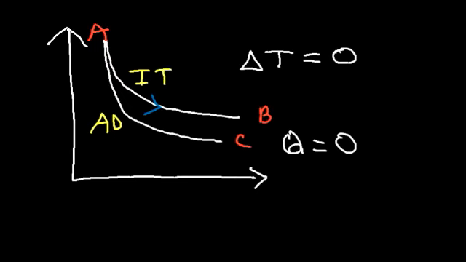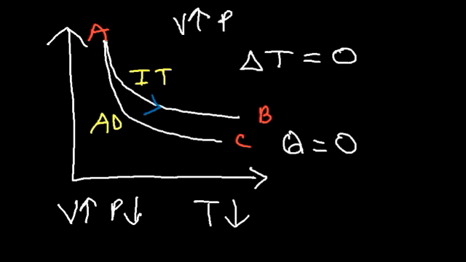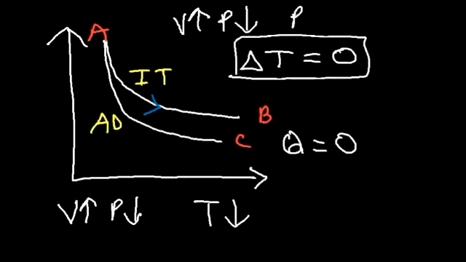So for adiabatic expansion, when the volume increases, the pressure decreases, but it happens in such a way that the temperature drops. For an isothermal graph, when the volume goes up, the pressure goes down. But because the temperature is constant, for an isothermal graph, you can use the equation P1V1 is equal to P2V2.